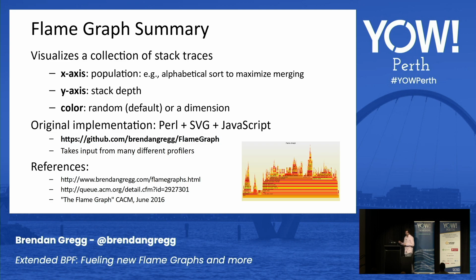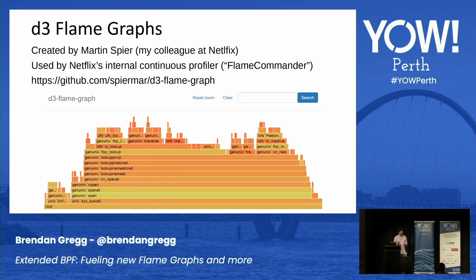In fact, I've been spending a lot of time with a D3 version, which was created by my colleague at Netflix, Martin Spier. I was talking to Martin about how we want to do more things with flame graphs beyond what my Perl version could do. And so Martin said, yeah, let's do it in D3. So he's created D3 flame graph, and we use that in Netflix's internal continuous profiler, Flame Commander.